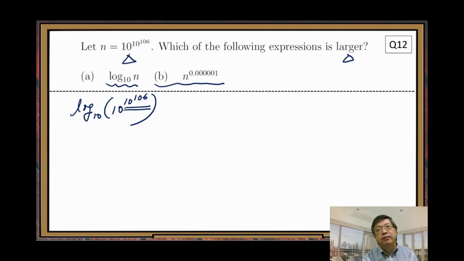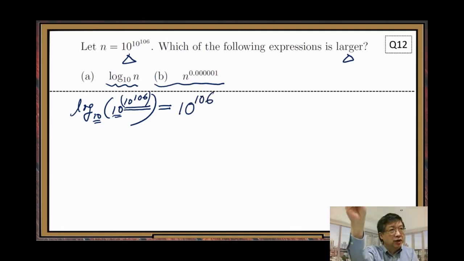We treat the whole thing as just one number. In that way, whatever it is, log base 10 here, based on the property of logarithm, we have just the same as the exponent number, 10 to the 106th power. So that's the first expression after simplification.